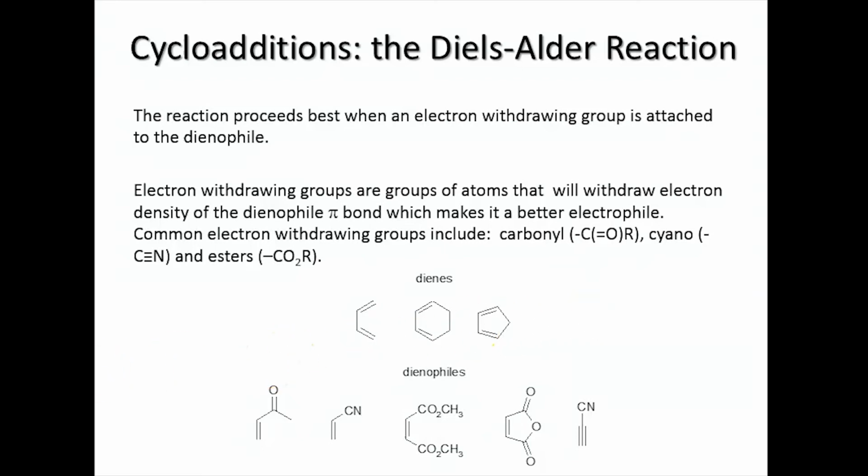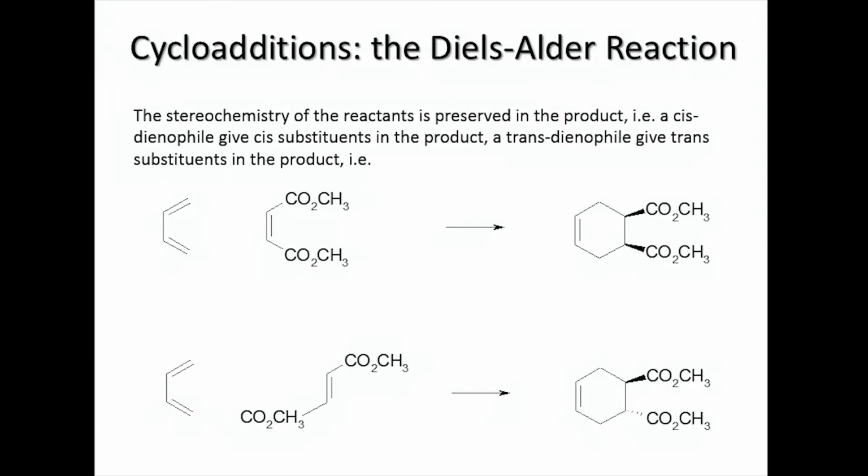And there are many, many others to choose from. So let's look at a more complex example. We'll start with butadiene and react it with this diester. Here's our double bond. Here's our product.